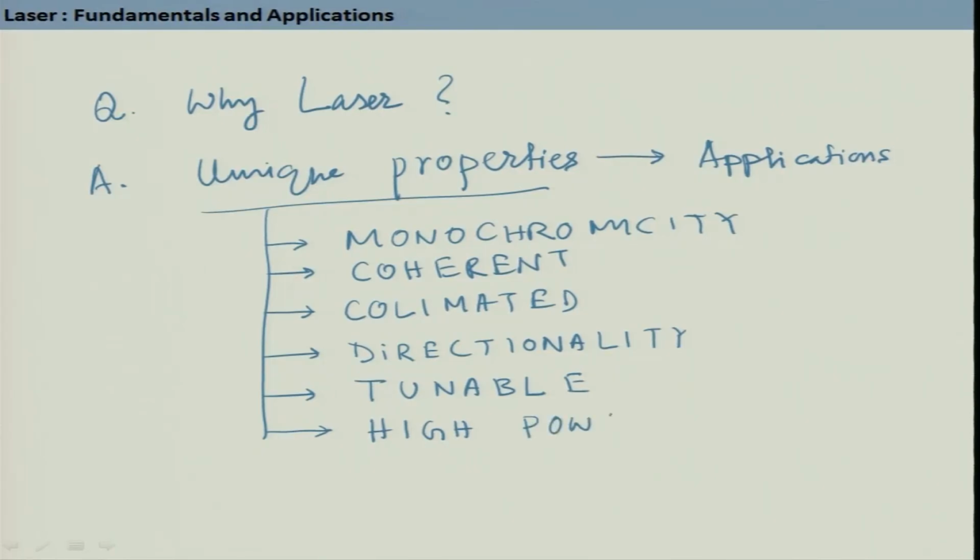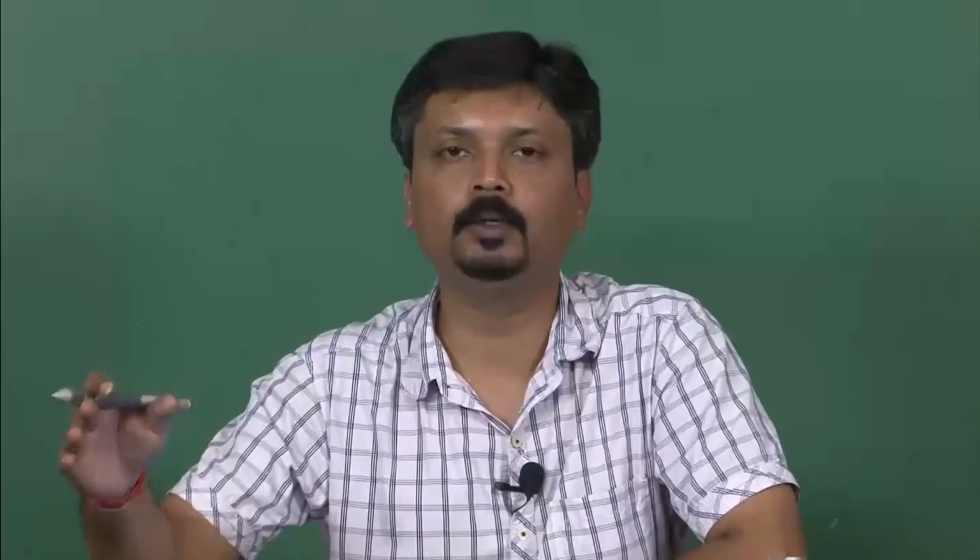So, one can have very high average power, or there is something called peak power, which we will discuss in more detail. These lasers can have really high power, which can be used in different industrial applications, like cutting or welding, melting various different materials.